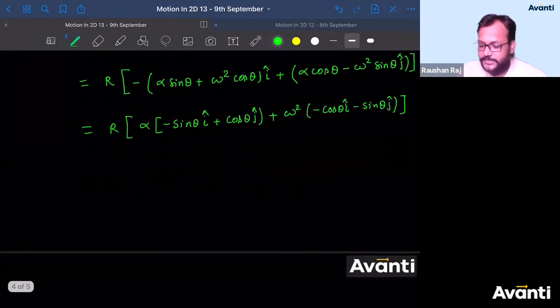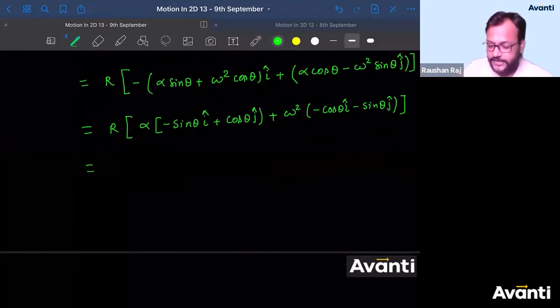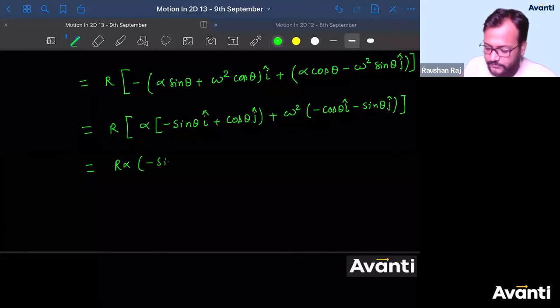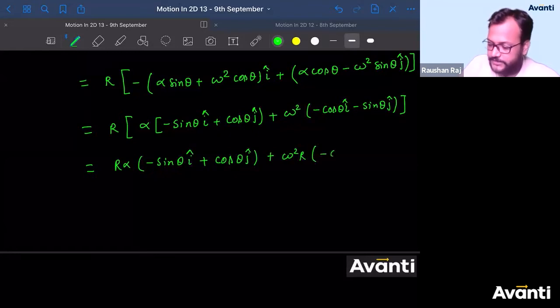Now let us multiply R everywhere. I will get R alpha into minus sine theta I cap plus cos theta j cap, plus omega square R into minus cos theta I cap minus sine theta j cap.